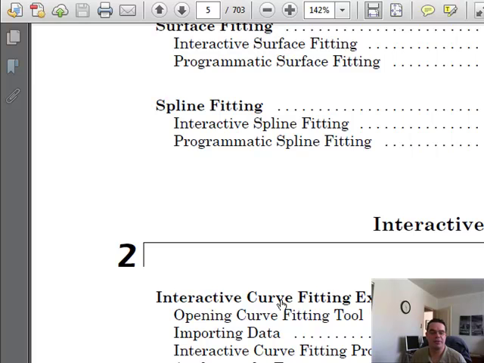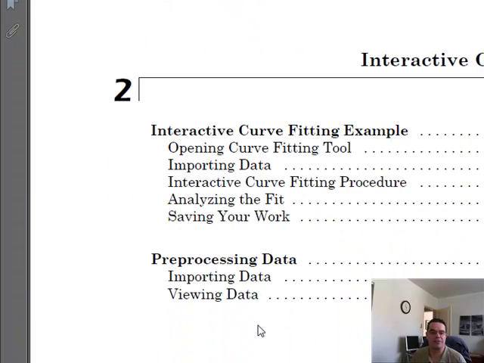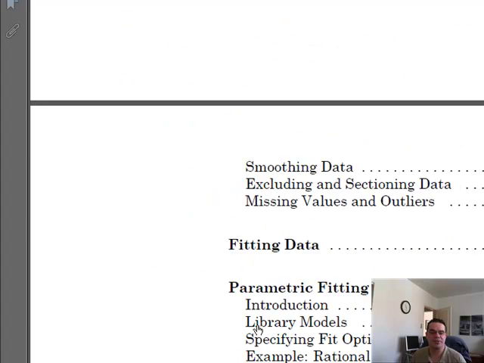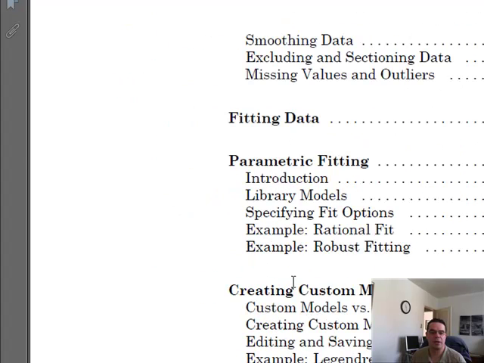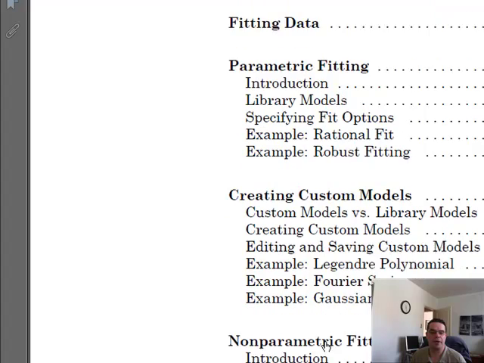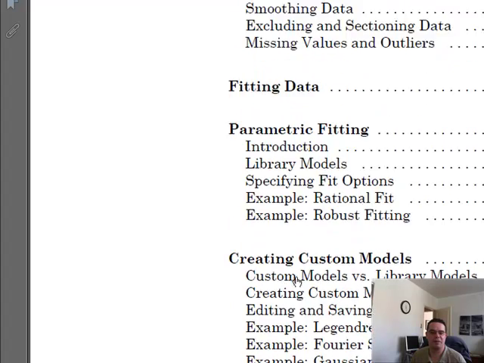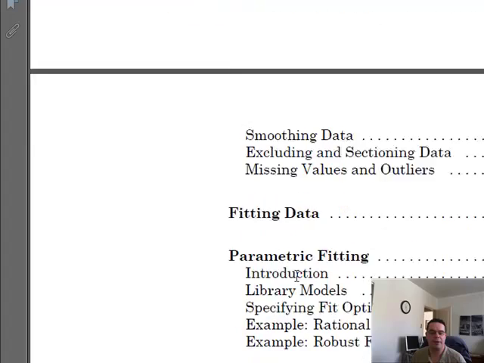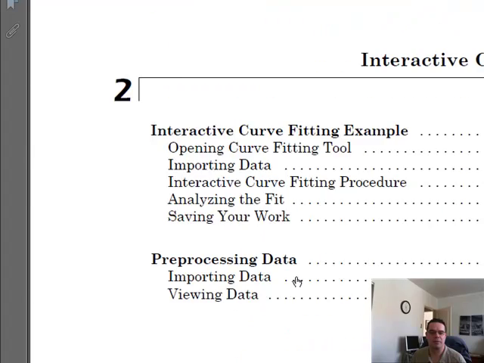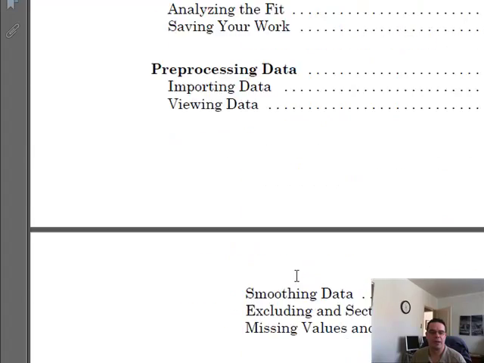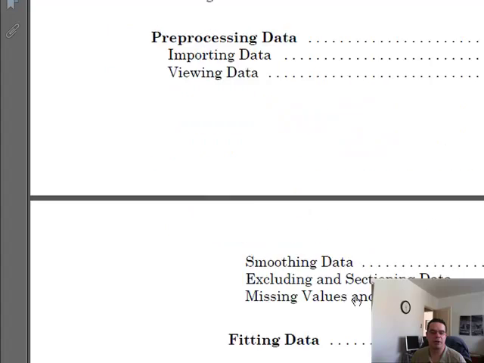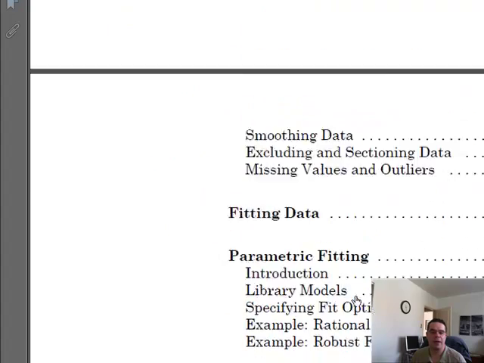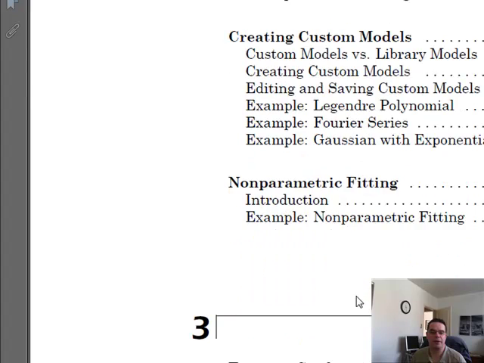Then there, of course, is interactive curve fitting, examples, how to process the data, parametric, non-parametric. You can tell if you've been following my membership for maybe the last week or two, all this parametric, non-parametric type of model building. You'll see a pattern here.